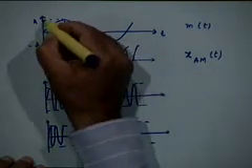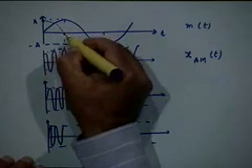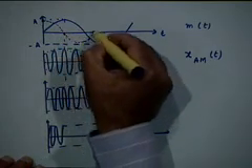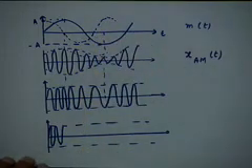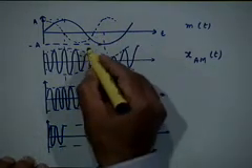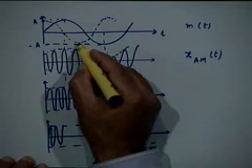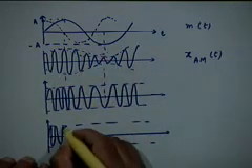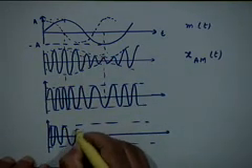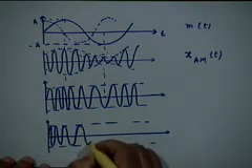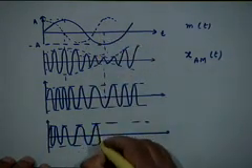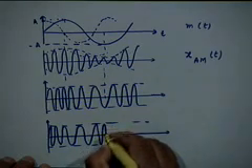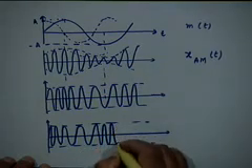So let me plot a cosine wave. And the rarest will occur here somewhere. Again the densest will occur here. I have not drawn the waveform exactly right, but I hope you understand what is happening.